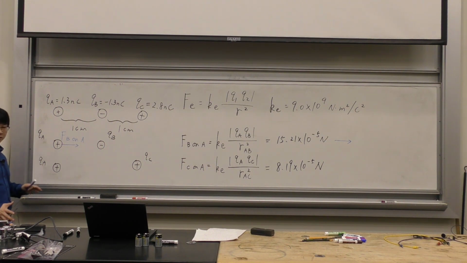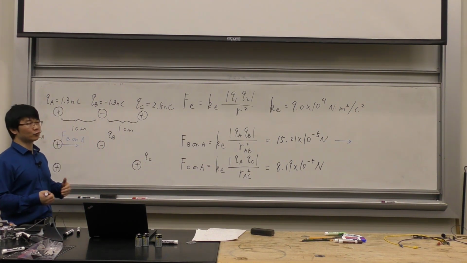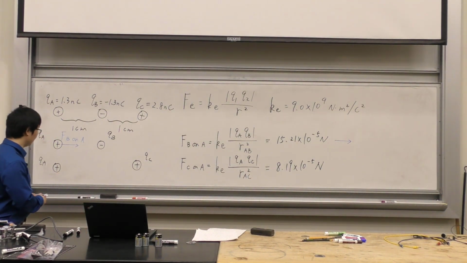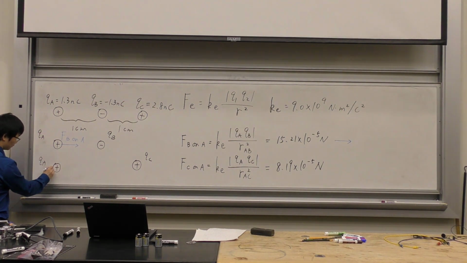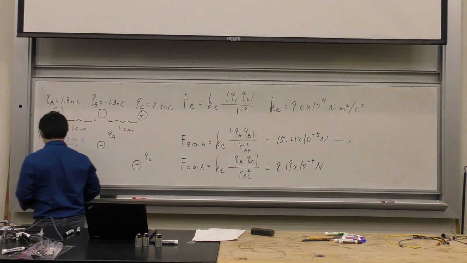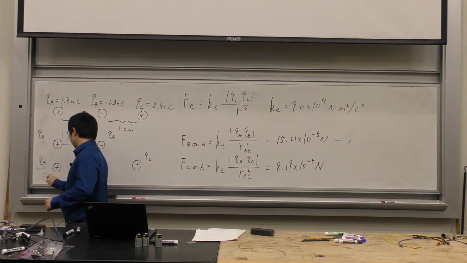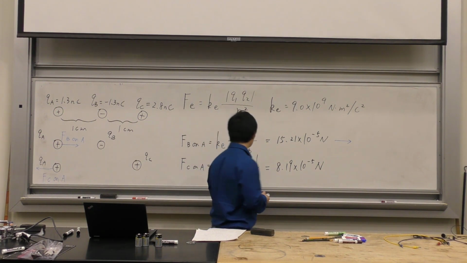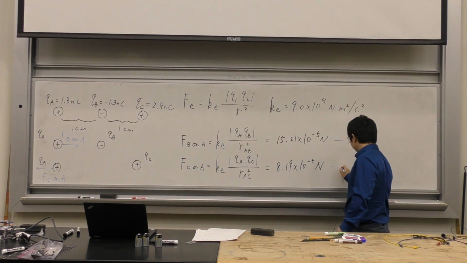A and C, both positive, force should be repulsive. So C is going to repel A. C wants to push A away, so that's the direction of the force, right? So this is the force from C on A. So that's how I would draw that force. Now I do have the direction for that force, to the left.